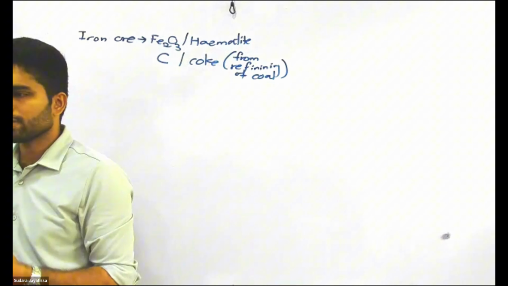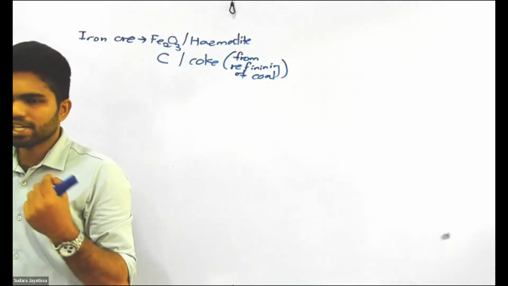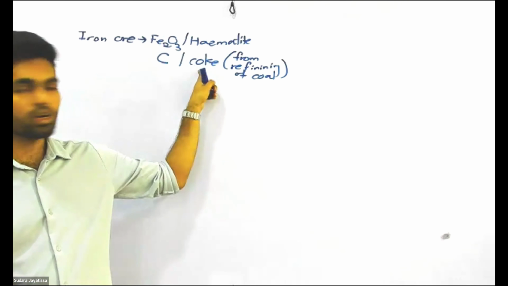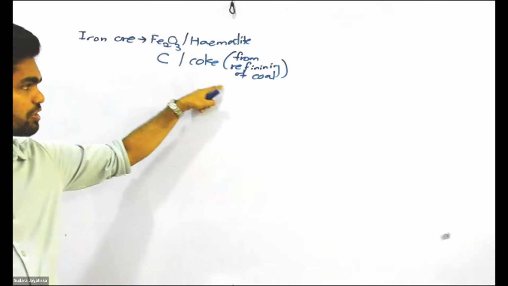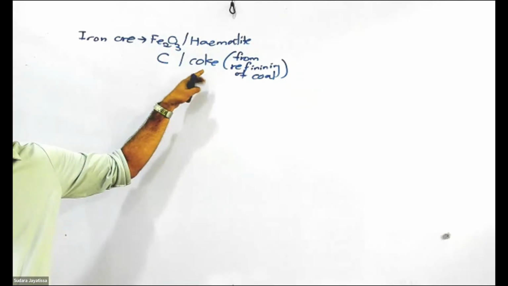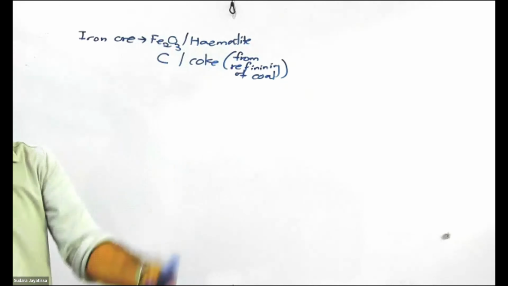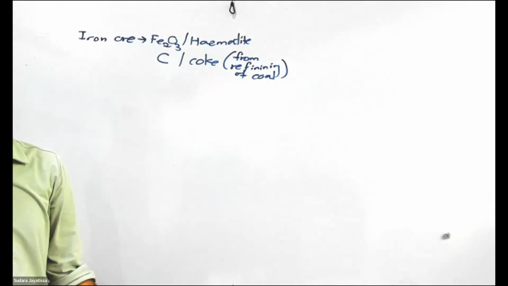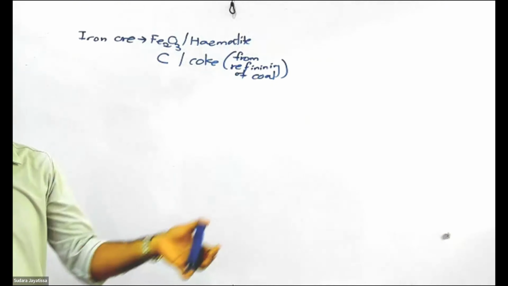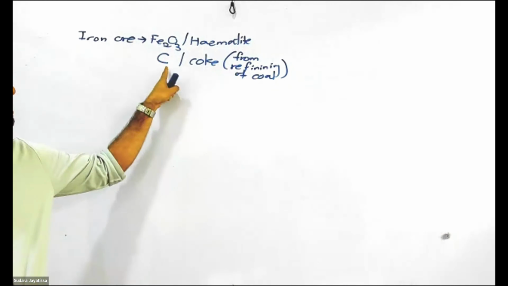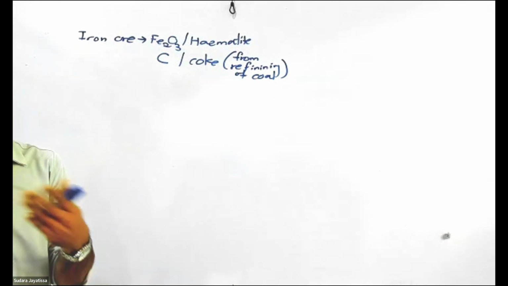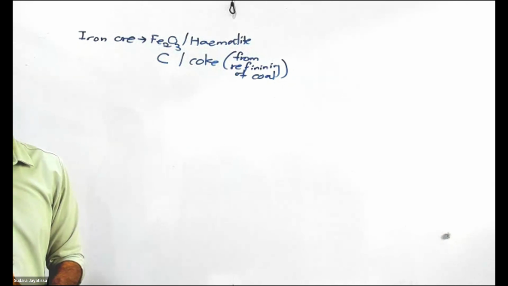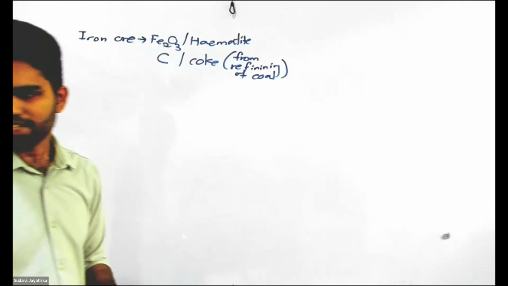So there are methods to remove them. After removing those unnecessary compounds, we can get coke. It's not something we obtain naturally from nature. There is nothing called coke naturally. Coal is there. From refining coal, we get coke. We get the difference. Clear?